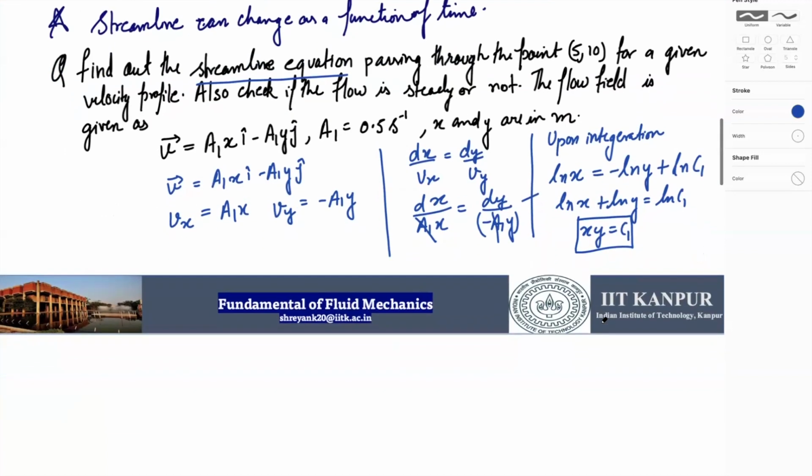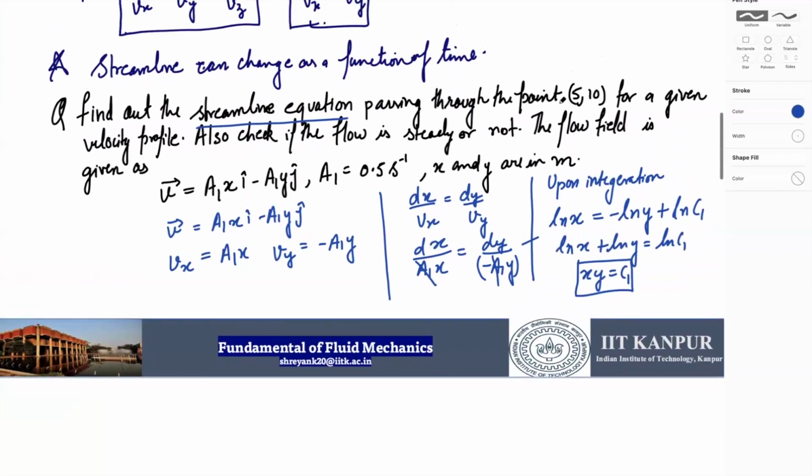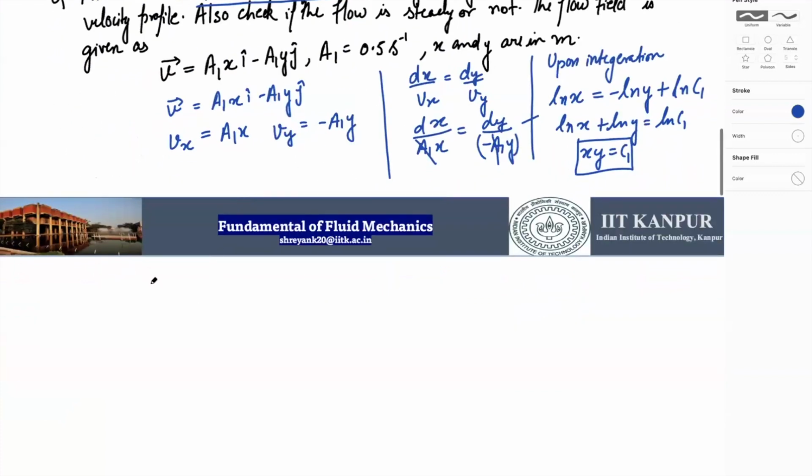Now we wanted to know the equation of the streamline passing through the point 5 comma 10. So we'll put 5 comma 10 in the equation and get the value of c1, which means x is 5 into y is 10 is equal to c1, which implies that c1 is equal to 50.